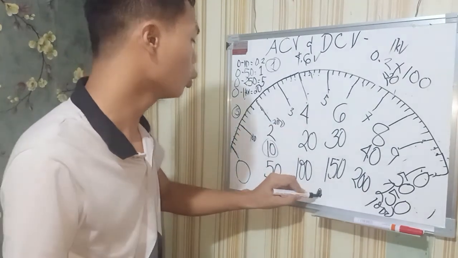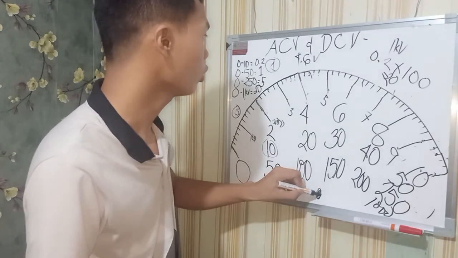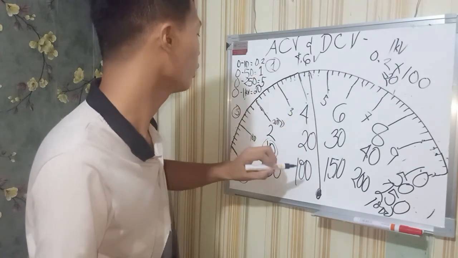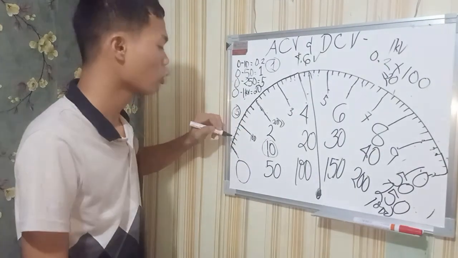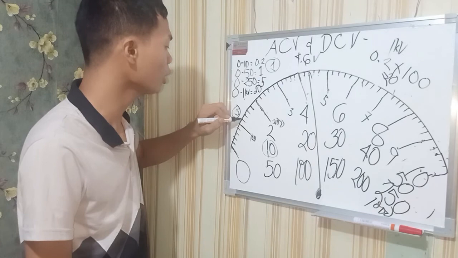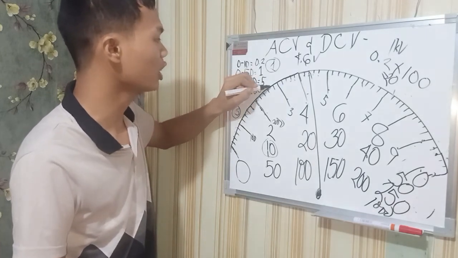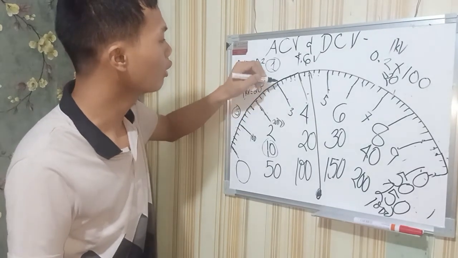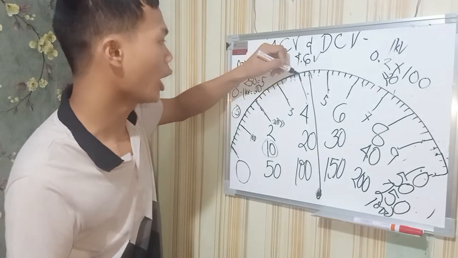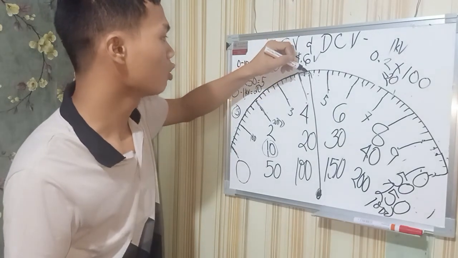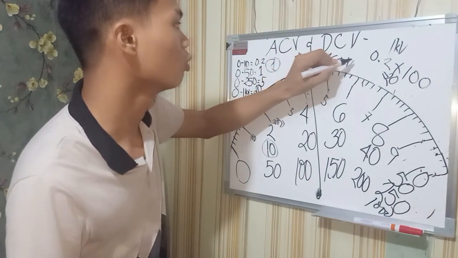If the multimeter pointer is at this position, we count: 20, 40, 60, 80, 100, 200, 300, 400.